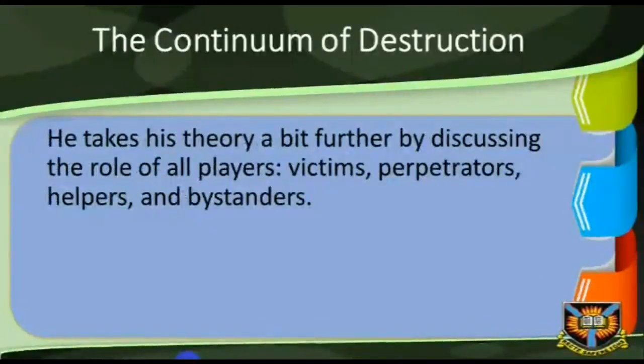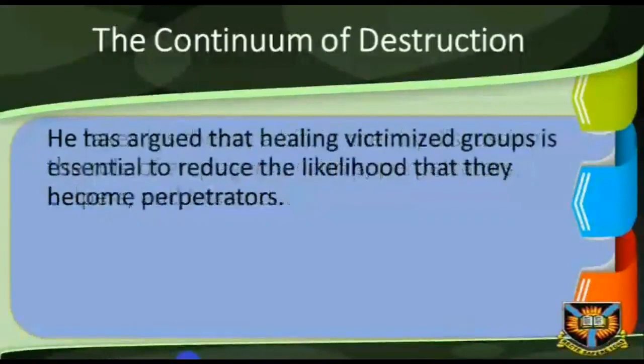He takes his theory a bit further by discussing the role of all players: victims, perpetrators, helpers, and bystanders. He has argued that healing a victimized group is essential to reduce the likelihood that they become perpetrators.